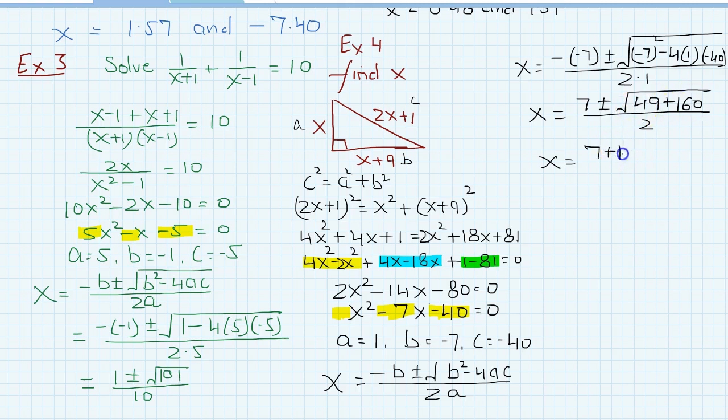So x will be 7 plus 14.46 over 2 and 7 minus 14.46 over 2.